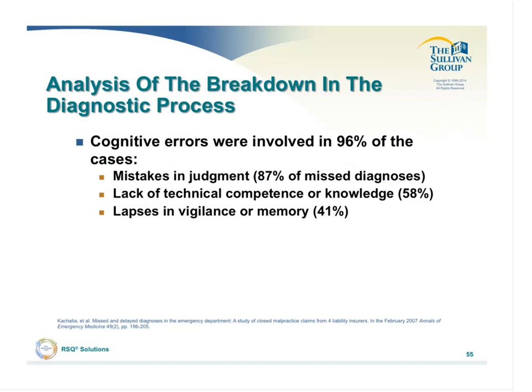They found cognitive errors involved in 96% of the cases. They were mistakes in judgment. So, that's important. Maybe we can help that judgment with human factors engineering. But what we can definitely do is we can help with lack of technical competence. We can help with knowledge base. And we can absolutely help with lapses in vigilance or memory.